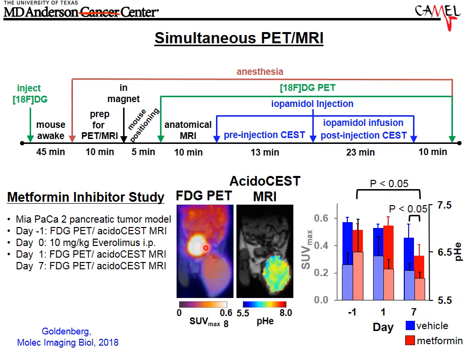We also used simultaneous PET MRI to monitor the FDG PET, or glucose uptake, as measured with SUV max, and that's shown in these lighter bars in front. And we did see a decrease in the glucose uptake in these tumors, indicating an effective treatment. Vehicle also saw a decrease as well, so that was not a statistically significant difference, though. The pH was a better biomarker in this study.